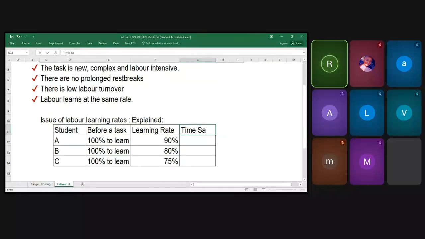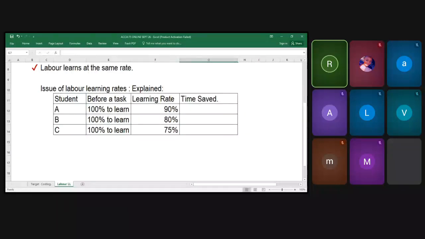Time saved in order for you to complete a task is quite important. Assuming that before you learn, it could take you 100 minutes to complete a task, a task that was supposed to take 100 minutes, student A can now finish in 90 minutes.